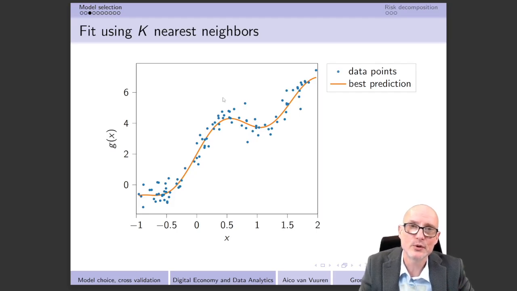The best predictor is usually not the predictor that has an extremely low bias or an extremely low variance, but a predictor that balances the bias on the one hand and the variance on the other hand.